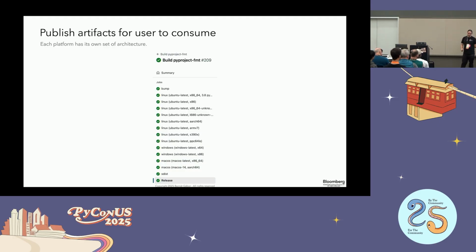Because without it, if you only publish for Linux, whenever someone tries to install your project on macOS, it's going to fall back to the source distribution, and then Maturin is going to throw a lovely error at you: hey, in order to create a wheel to install this package, I need an actual Rust compiler on the machine. So now the user will need to install that, and it's more headache at that point.